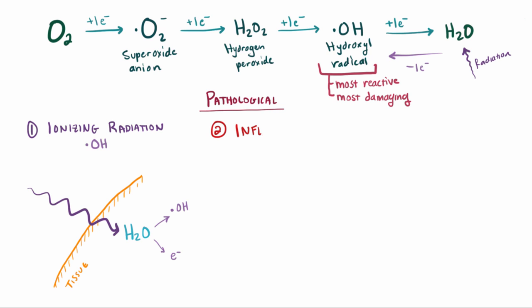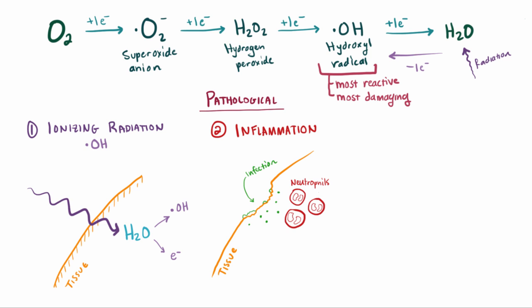Besides ionizing radiation, though, inflammation is another way that you can get free radical generation. When you get an infection and neutrophils come by to fight that infection, there are 2 mechanisms they use to kill whatever microbe there is, one of which is oxygen dependent. Oxygen dependent means you need oxygen, so you can probably guess that oxygen's involved.